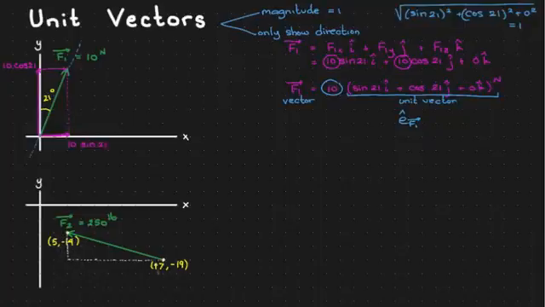Final minus initial is always true when you're looking for the distances from the initial point to the final point. So in the x direction, final minus initial, 5 minus 17, that would be negative 12. And final minus initial in the y direction would be just 5.